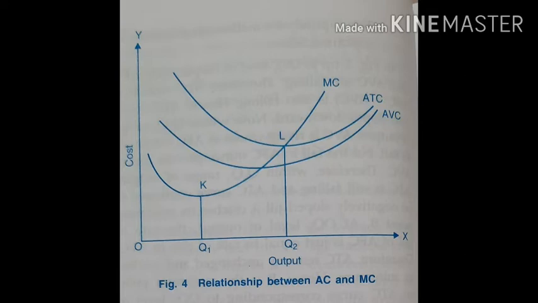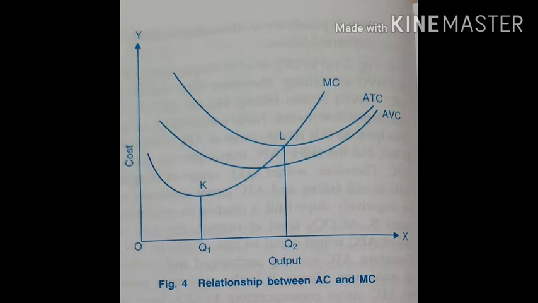Beyond the minimum point, it has to be above the AC curve. This simply means that the MC curve has to cut the average cost curve from below. This is very important and you will have to keep it in mind, so as to be below the AC curve up to the minimum point and above it when the AC curve rises.